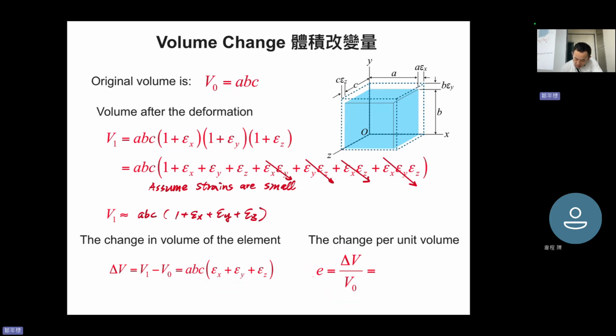So you see, what will it be? It is epsilon x plus epsilon y plus epsilon z. Oh, you see, this is very interesting. Okay, epsilon x, epsilon y, epsilon z, sum them up together. It will be the change per unit volume, or you can say the volume increase ratio.